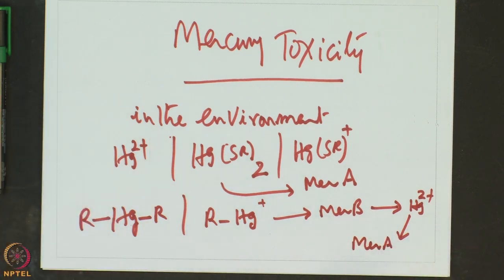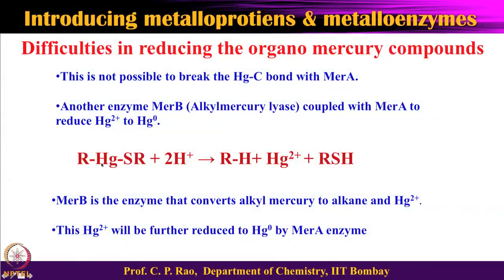So, a combination of Mer-A and Mer-B in the reverse order, that is Mer-B will act first to cut the mercury alkyl bond and convert this to alkane plus mercury 2+. Now, mercury 2+ will anyhow be reduced by the Mer-A enzyme as I explained to you earlier.